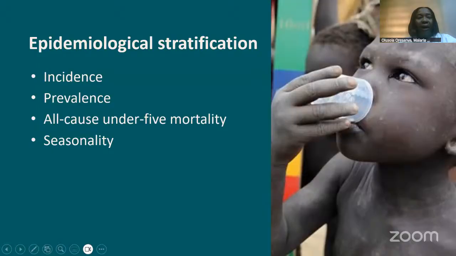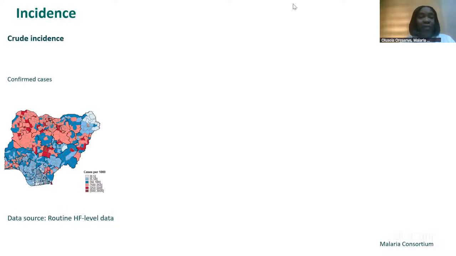And so the country went ahead to do a risk mapping. And just to take us through quickly some of the considerations that went into the epidemiological stratification at that time. So first, they took the crude incidence, that's looking at routine data and looking at the crude malaria incidence, just looking at found cases.